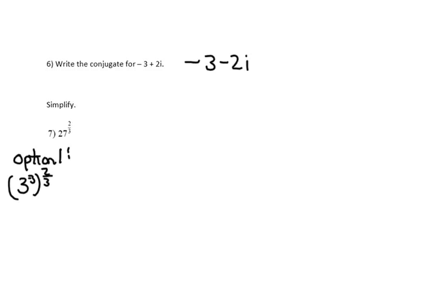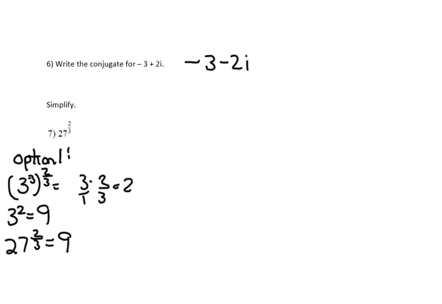Now, when I take an exponent power to another power, I multiply. So it's 3 over 1 times 2/3. Notice the 3's divide out, that's 2. So that's the same thing as 3 squared, which is 9. So 27 to the 2/3 power is 9.